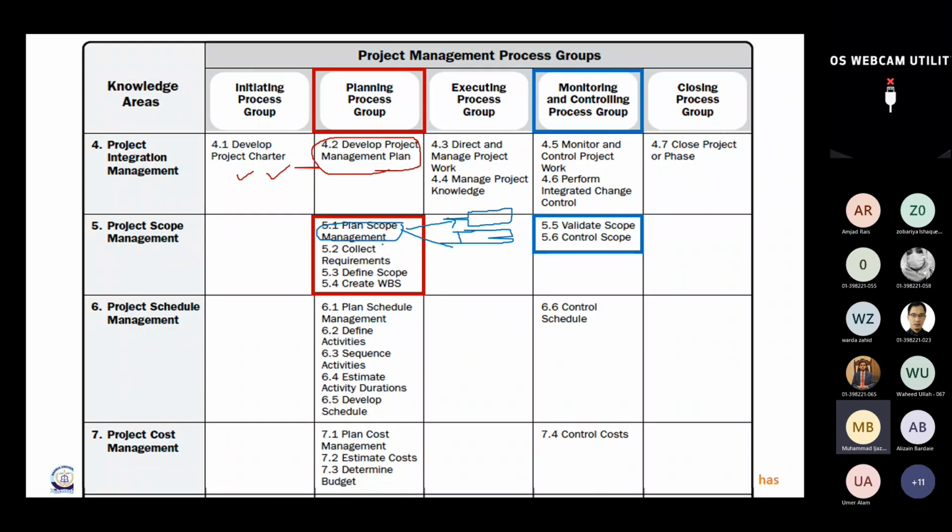After that, we studied the collect requirements process, in which the main point was that from all the stakeholders we identified during the initiating process group, we try to gather our requirements. Number one, it is the duty of the project manager and their team to gather the maximum requirements right in the beginning.